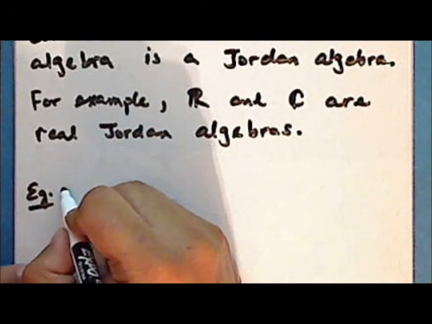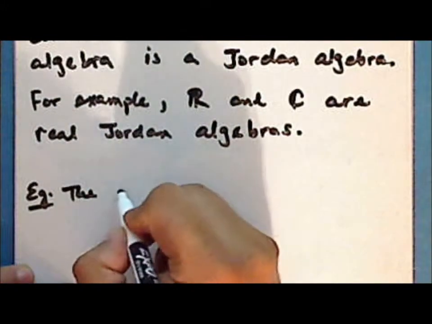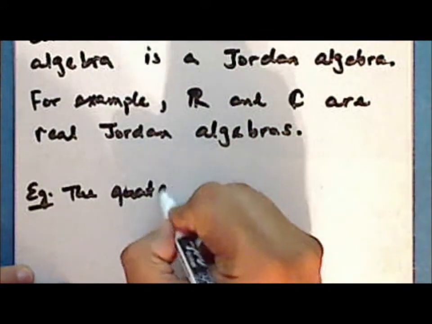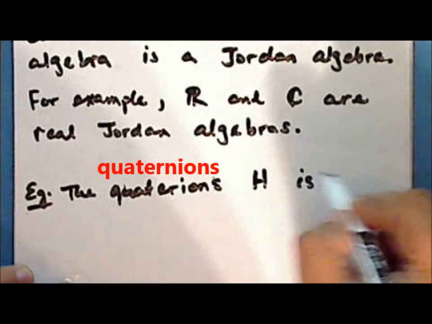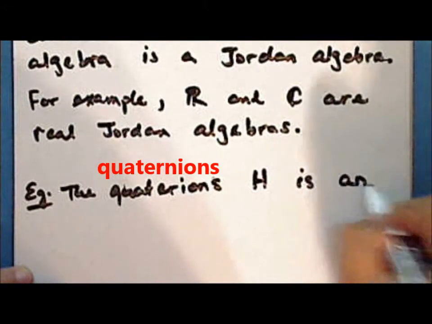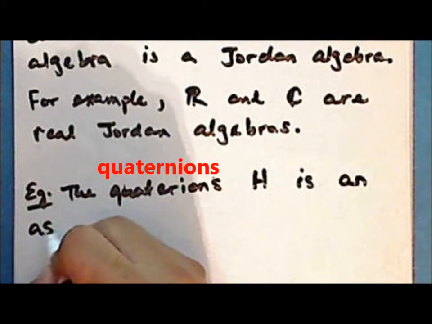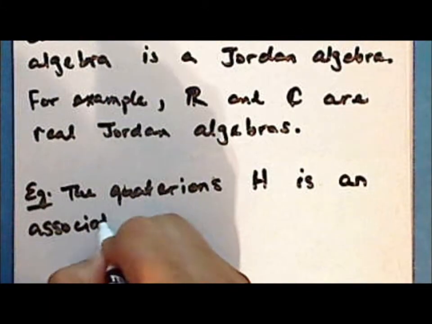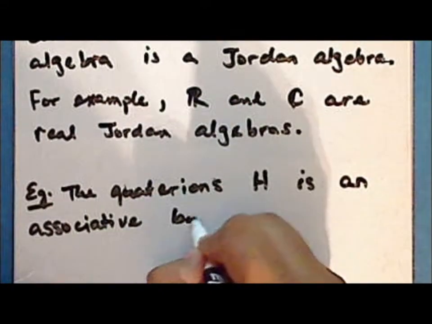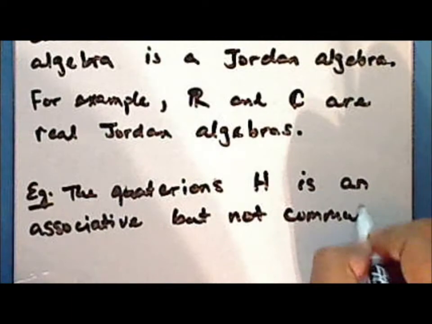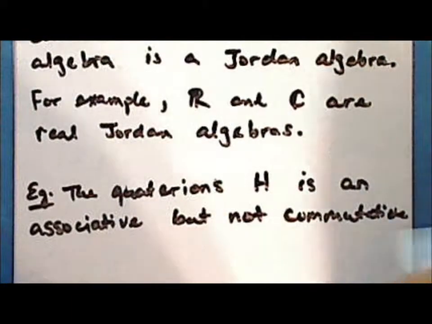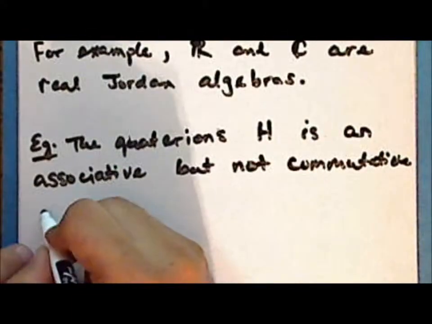So the quaternions is an associative but not commutative algebra over the reals.